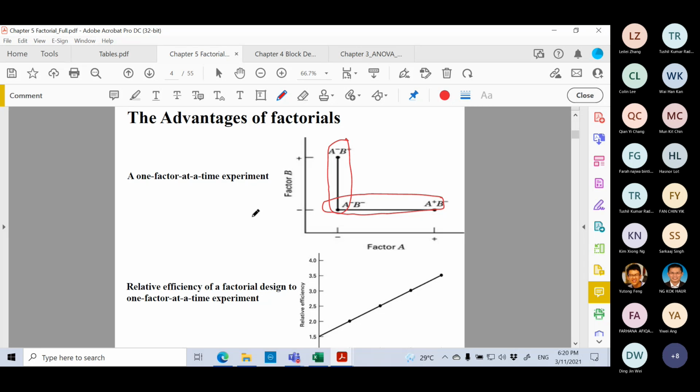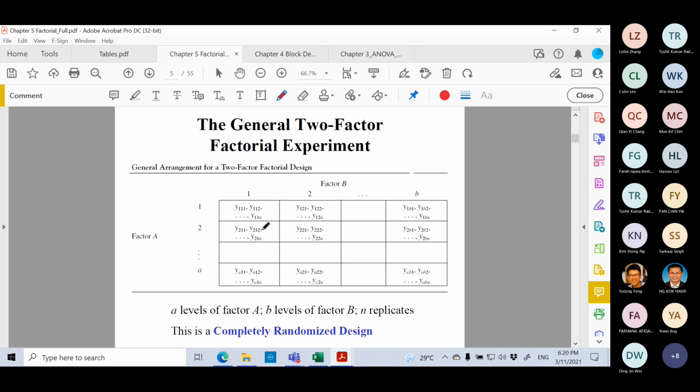So in the factorial analysis, the presentation of the factorial analysis will be given by the following one. Okay, so you can observe that the first one is the first factor. After that, the second one will be the second factor. Okay, so from factor A and factor B, these are levels from the first level until the nth level.